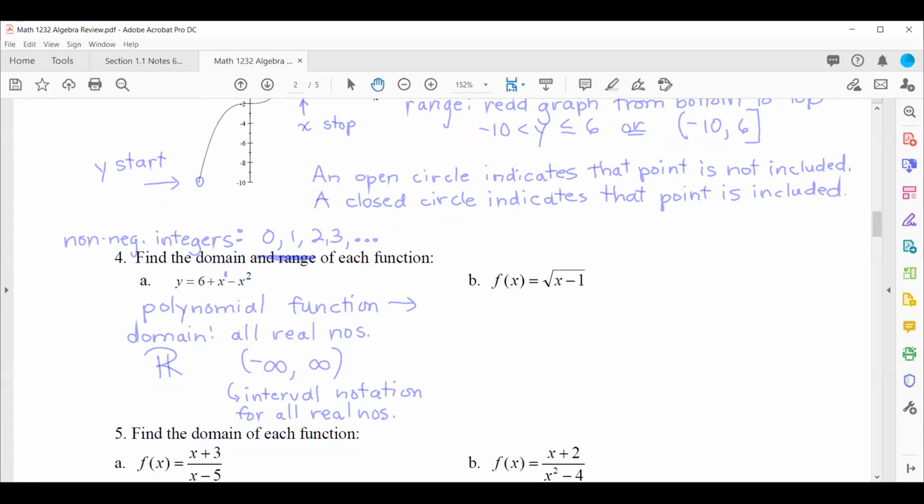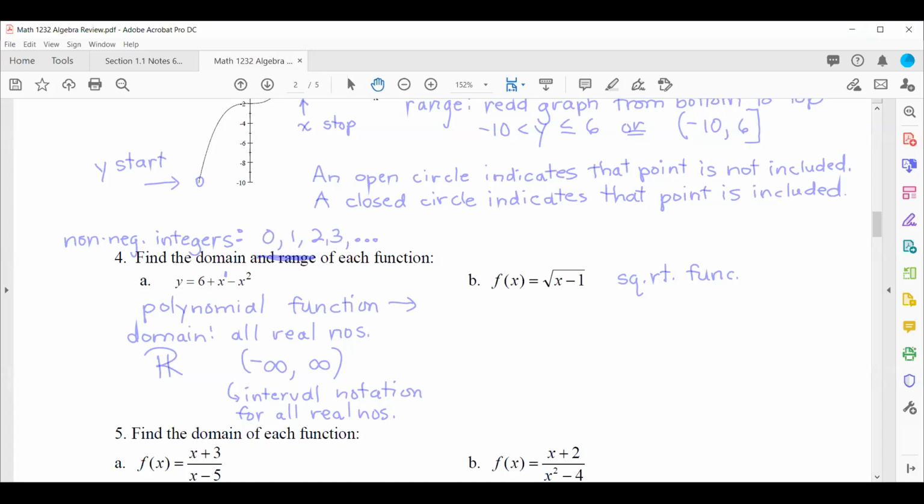Now looking over at the function in part B, this is a square root function. And remember that we can only put numbers in for x that make what's under the radical non-negative. In other words, what's under the radical can't be negative.